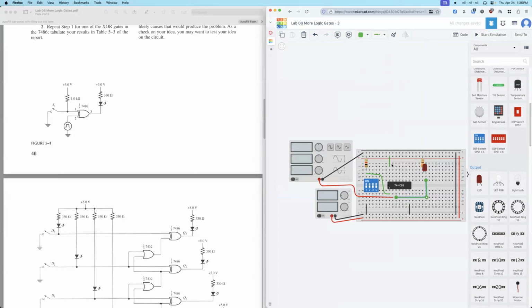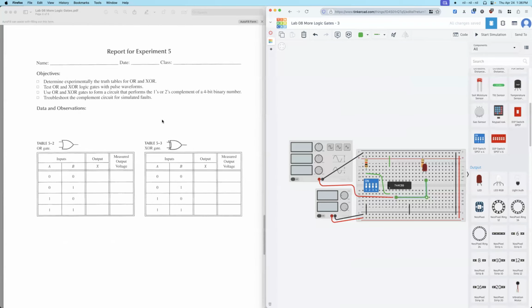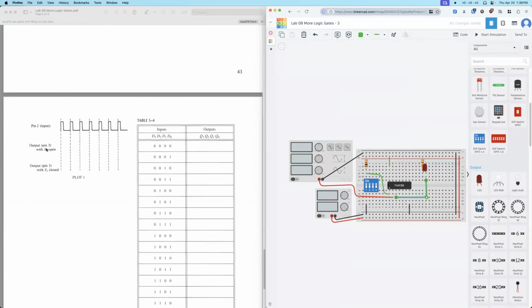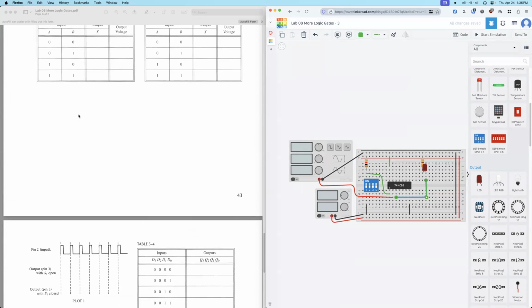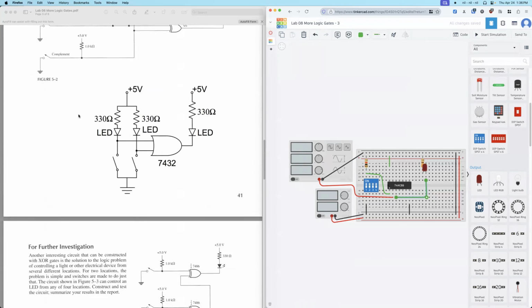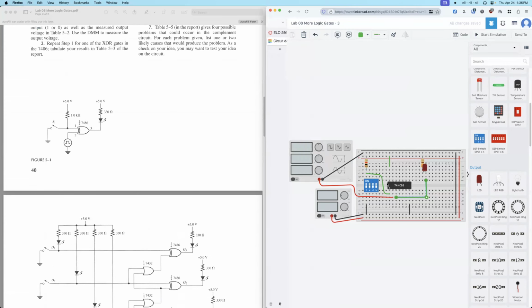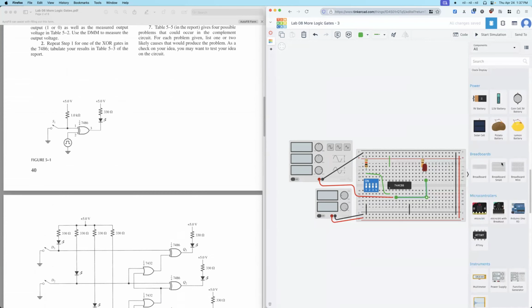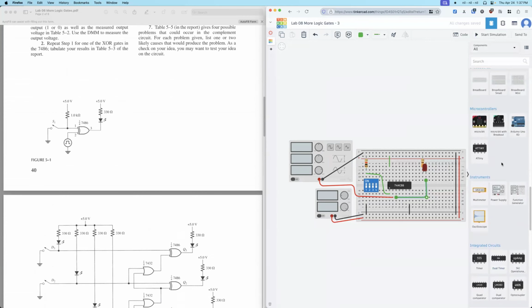So this is the circuit. So actually we still need one more, because for here, we need to get the output signal, right? So output signal, this means we need a function generator. Observe the output signal, so we need a, no, oscilloscope, sorry, oscilloscope.